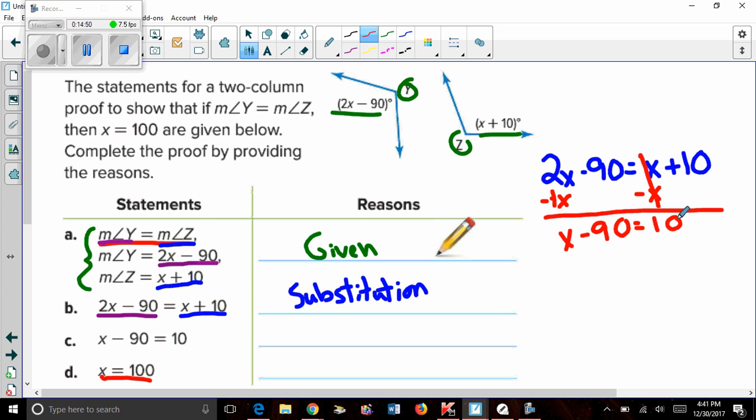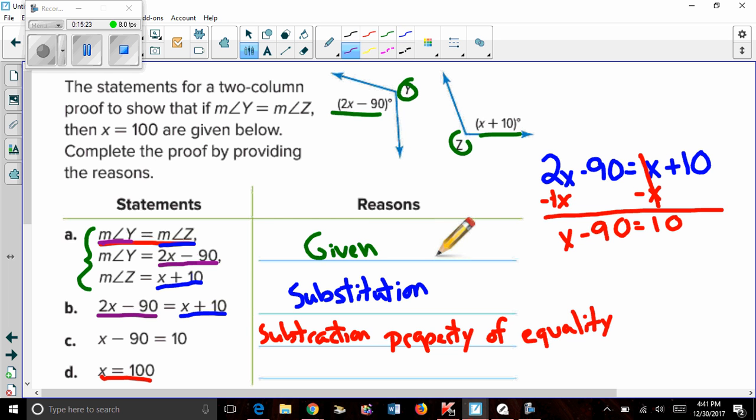So we call that the subtraction property of equality, which simply states that if we take and subtract the same number from both sides of an equation, which we did here and here, our statement, whatever we end up with at the end, is still a true statement. The left still equals the right.